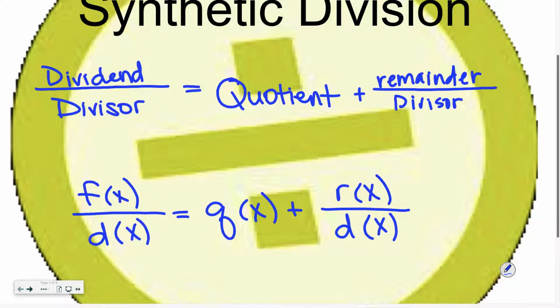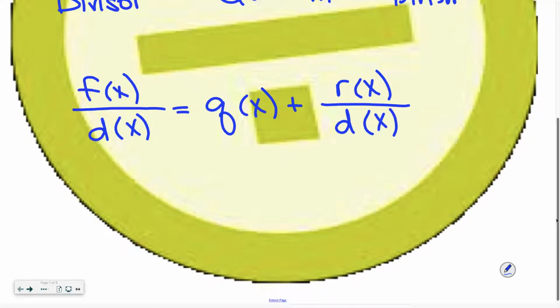Okay. When we take polynomial divided by polynomial, our quotient is a polynomial. We can probably figure out what degree it's going to be also. Our remainder will be a polynomial, and we throw that over our polynomial divisor.